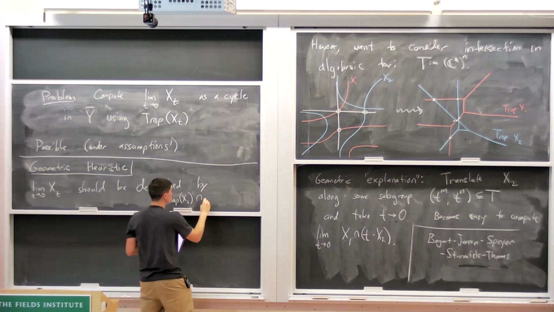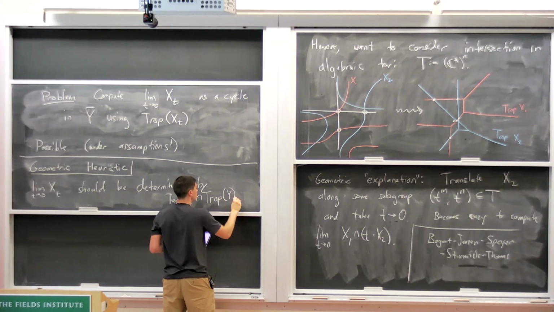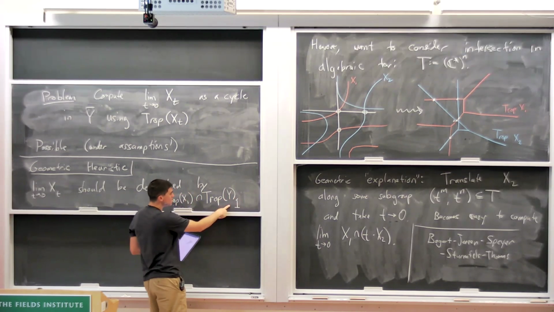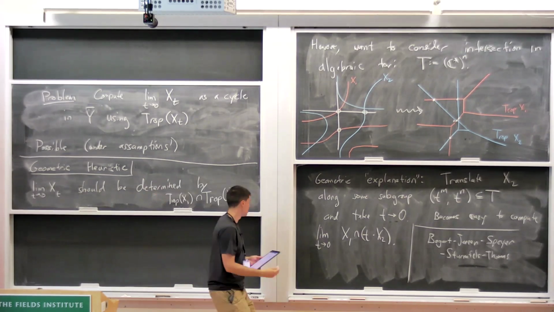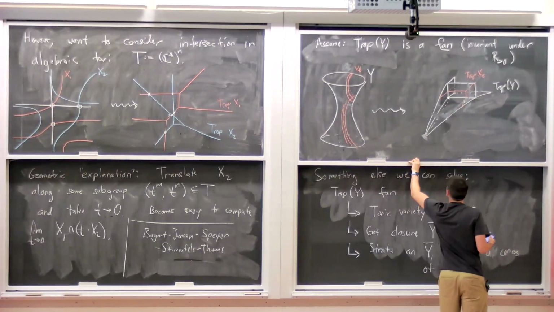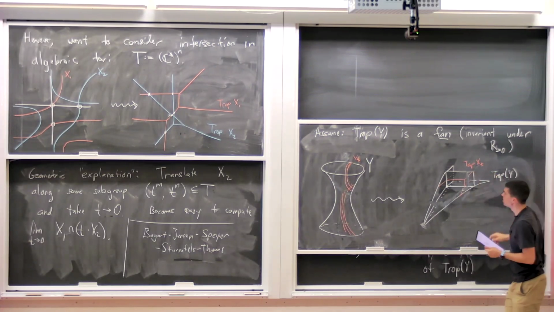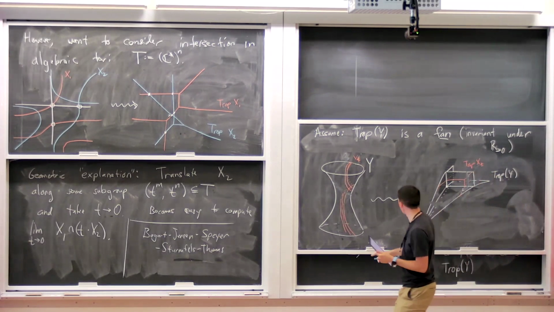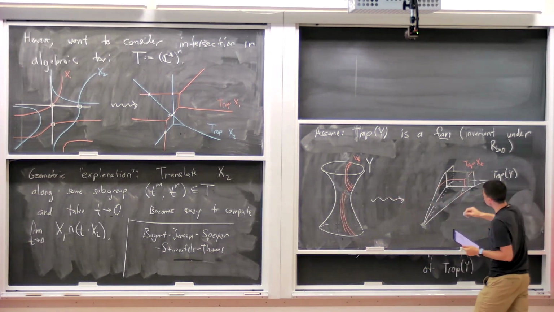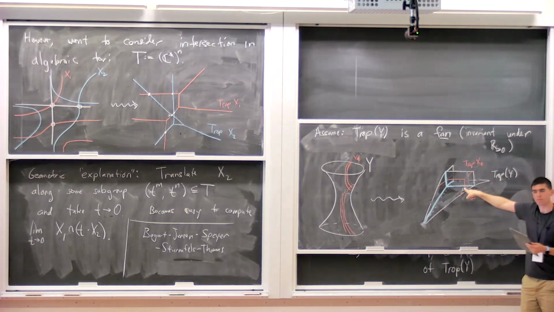So we take trop xt, sorry, I wrote trop x1 but I meant trop xt, and we intersect it with the one skeleton of trop y, that is, all of the one-dimensional cones of trop y. So the rays in this picture.